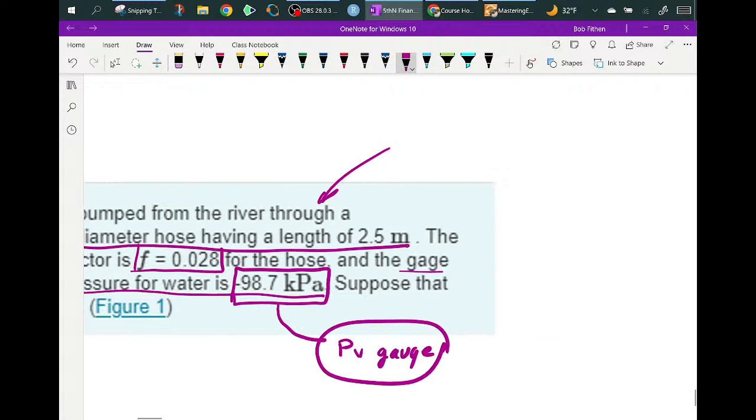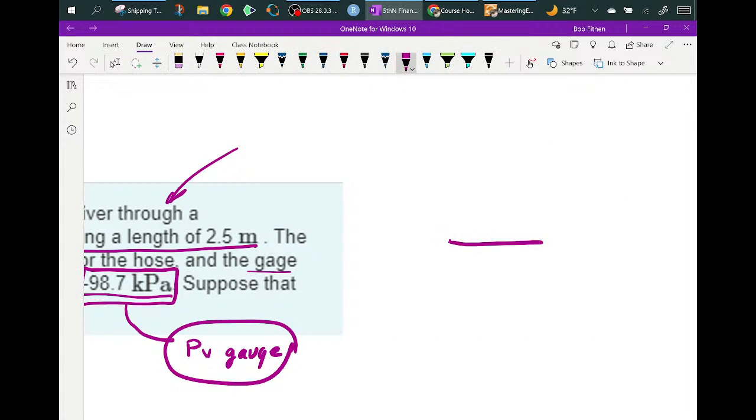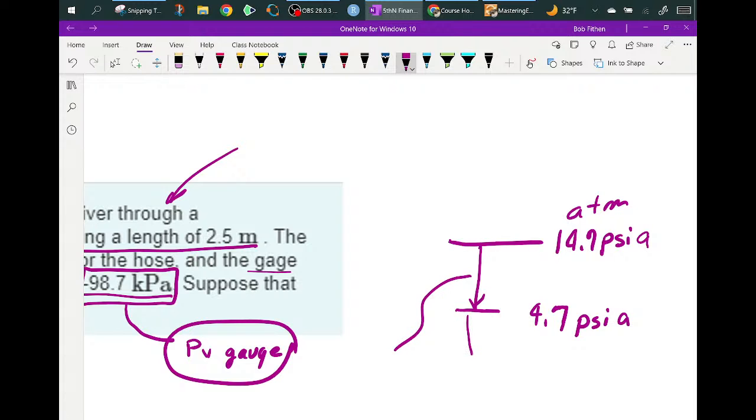It has to be gauge pressure, meaning if it was 14.7 psi, for example, and that's atmospheric, and it just so happens you're at 4.7 psi, and this is absolute for both, and say it boiled or vaporized here.